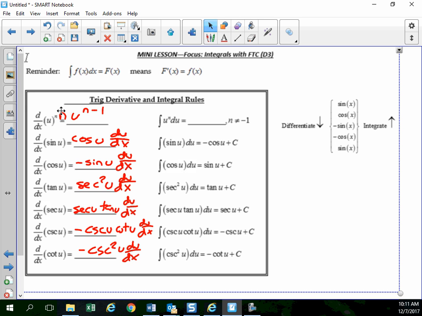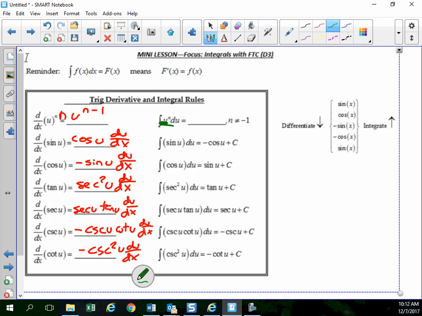The first one is u to the n, derivative n u to the n minus 1. By the way, what is that? Thank you. That's power rule. So let's talk about integrating then. Hey, I know how to integrate u to the nth. How do I integrate u to the nth?